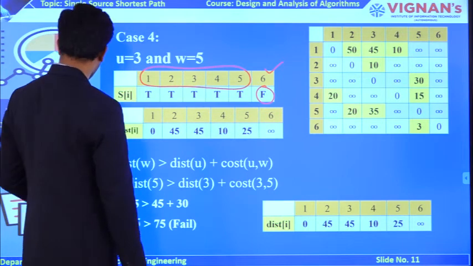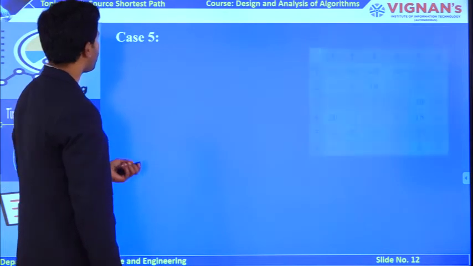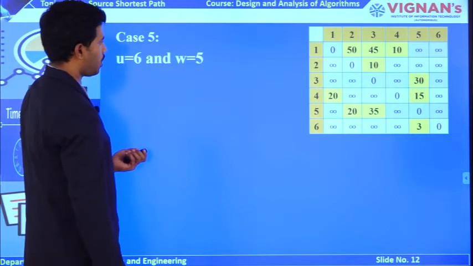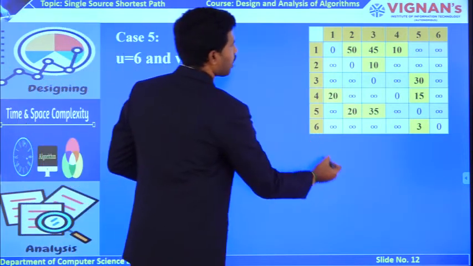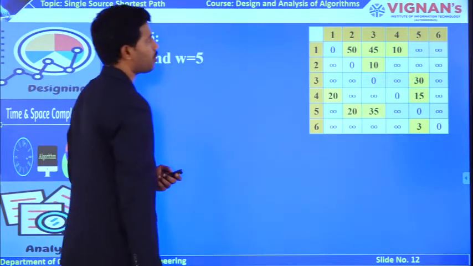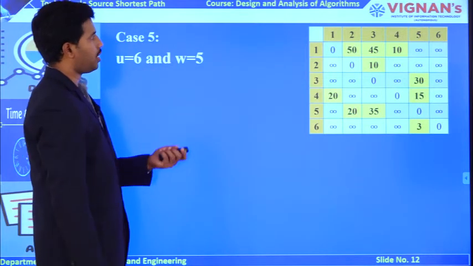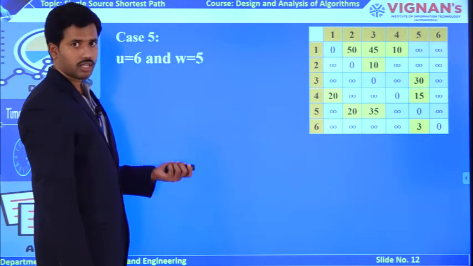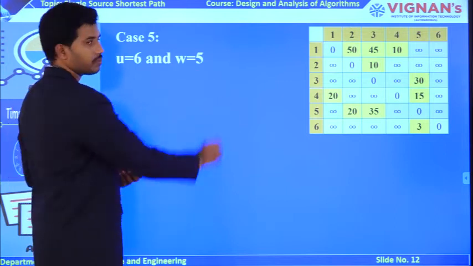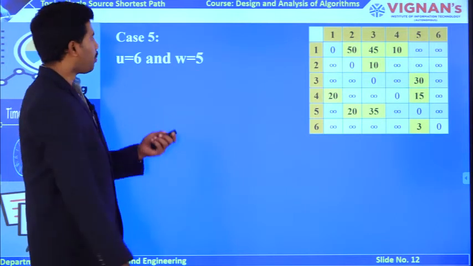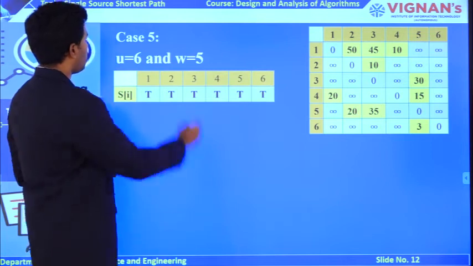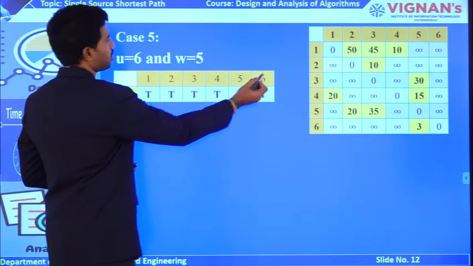For the next case, my u becomes 6, and from 6 there is only one path, to 5, which generates a cost of 3. That's why my w becomes 5. Based on this principle, I am updating my solution vector at the 6th index as true.